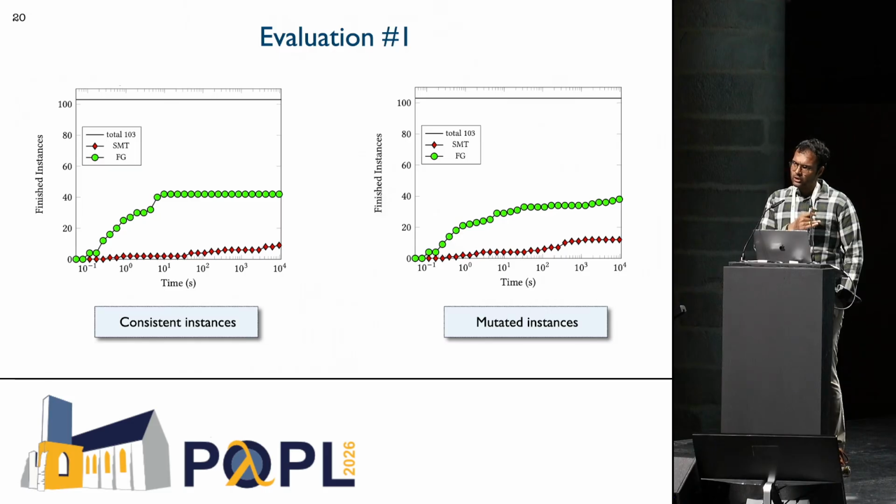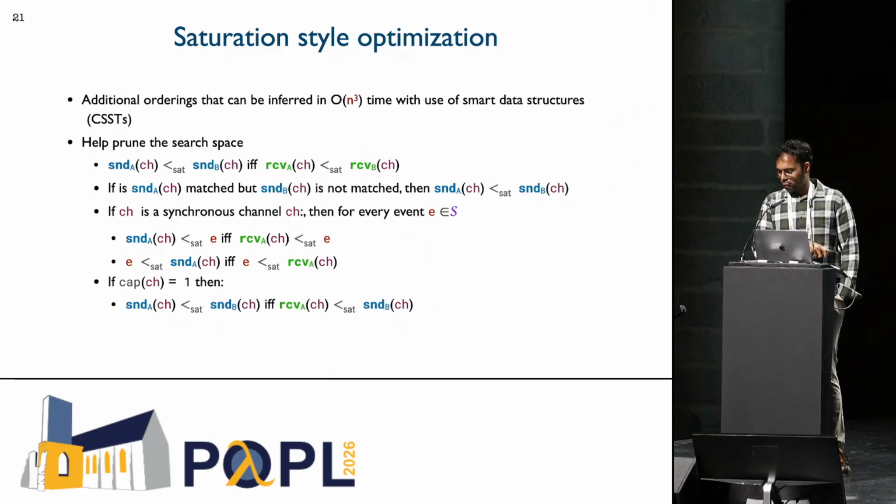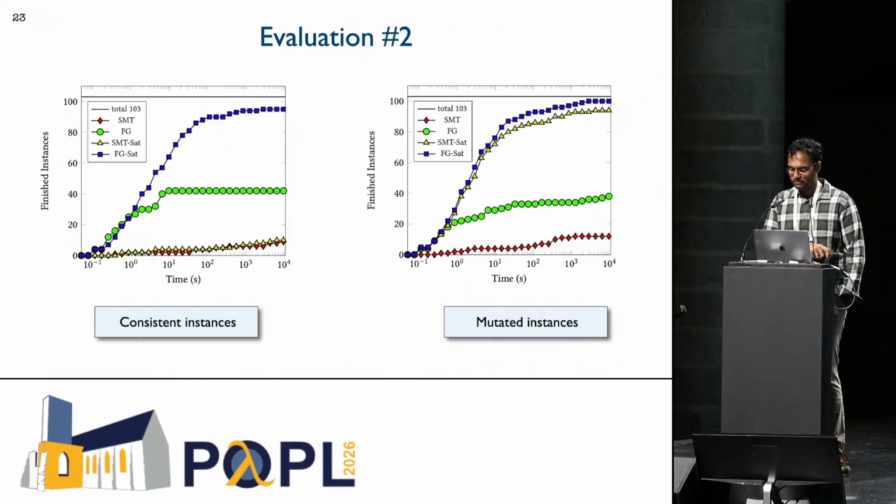But we took a closer look, and we identified that actually we are also not that good. It turns out that if you add a better heuristic on top of the algorithm, which is called saturation, you can actually do amazing. So at the end, you end up solving all these instances in reasonable time.